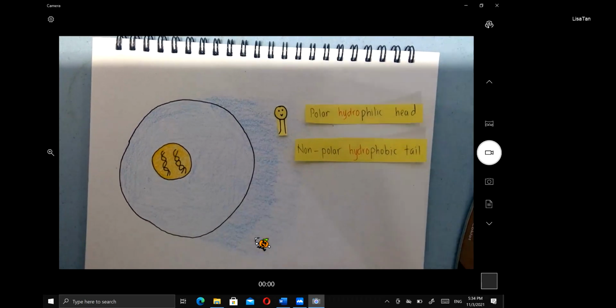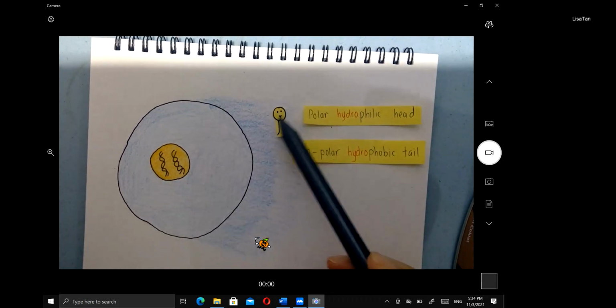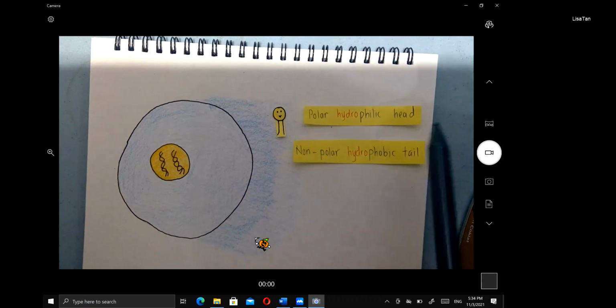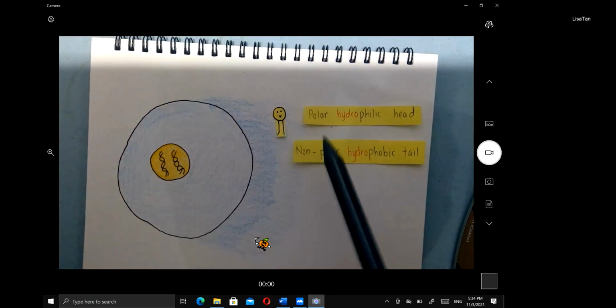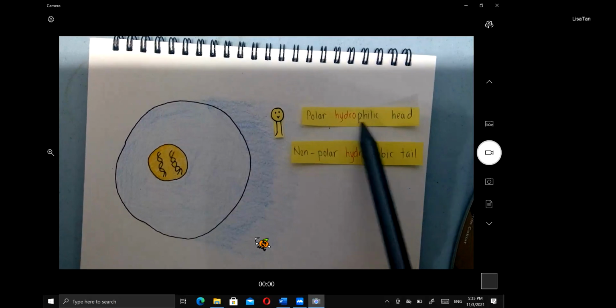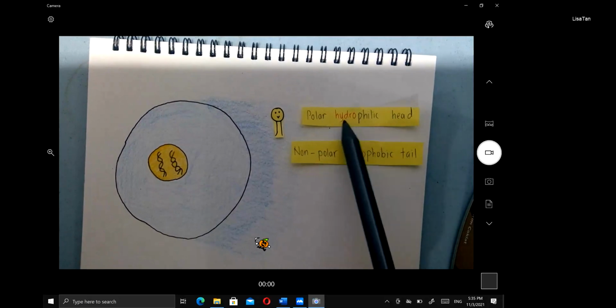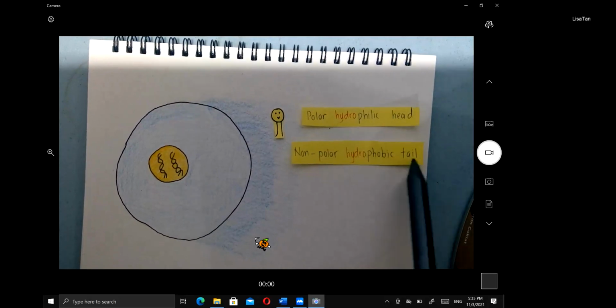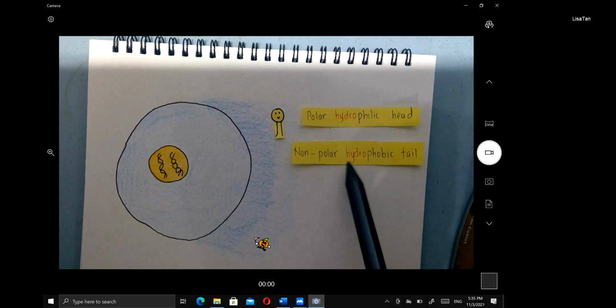The head likes water. Philic means loving water, hydro means water, and phobic means hating water.